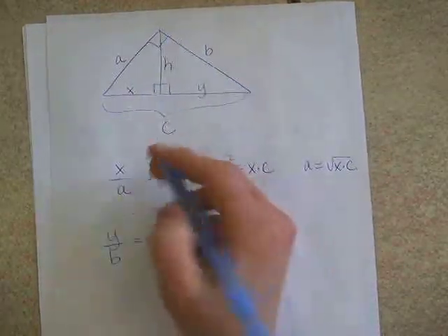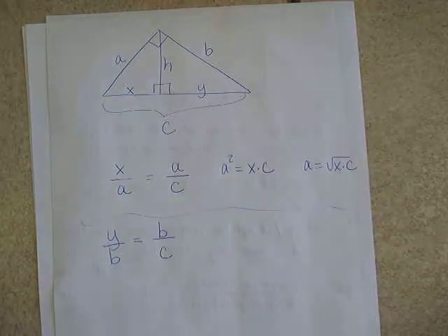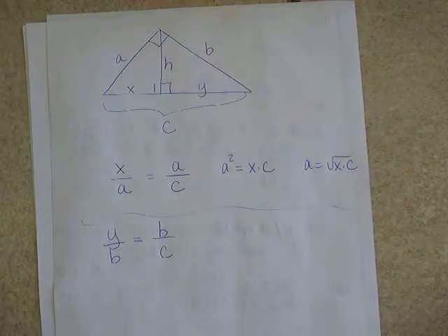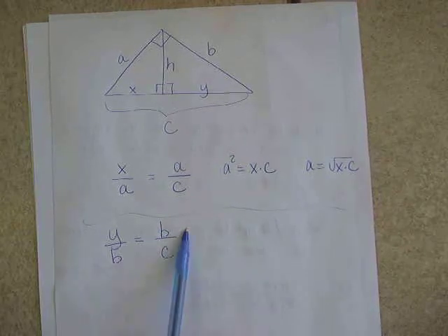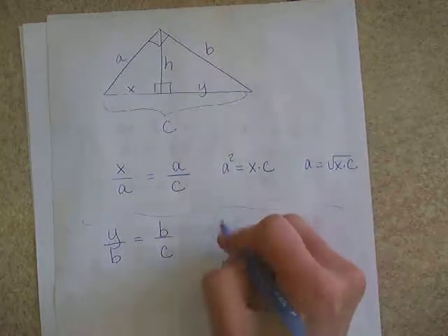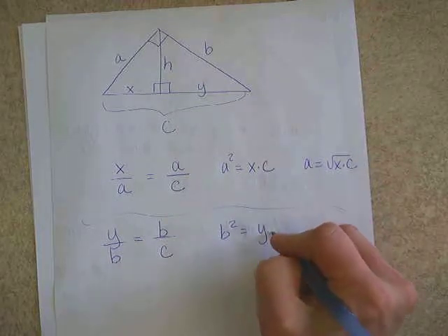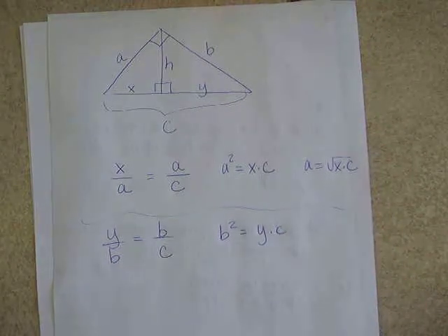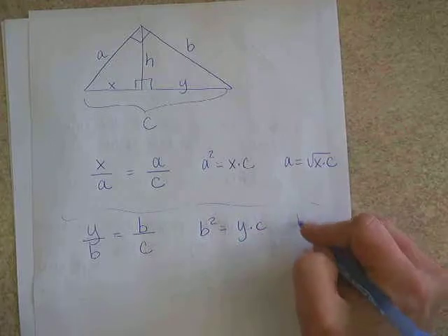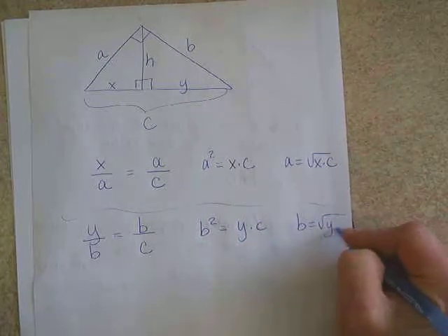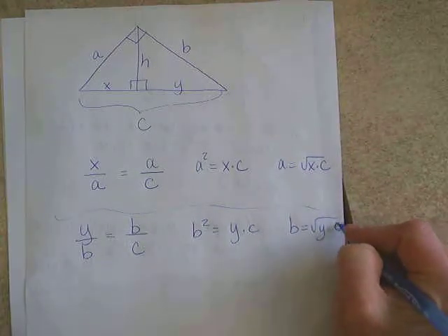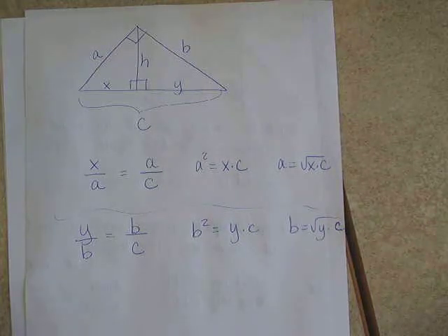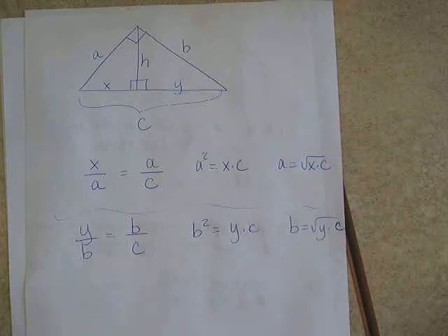So we have long leg over hypotenuse, and C over here is the big hypotenuse. So B should go on top because that is the long leg of the large one. So again, we have another geometric mean. So we'd say B squared equals Y times C. Or if you wanted just B, B would be the square root of Y times C.